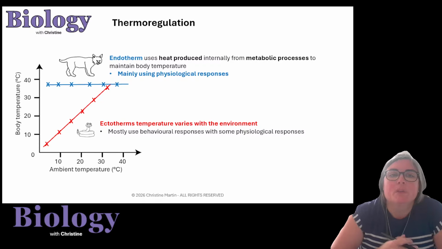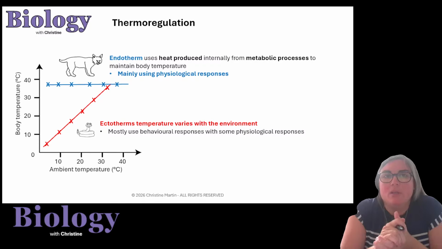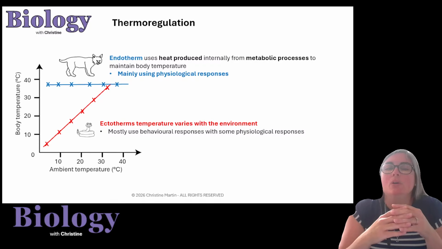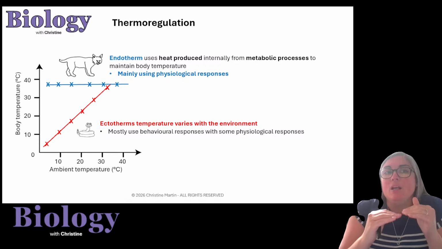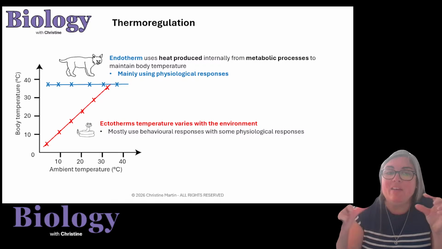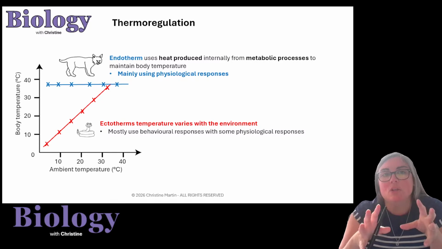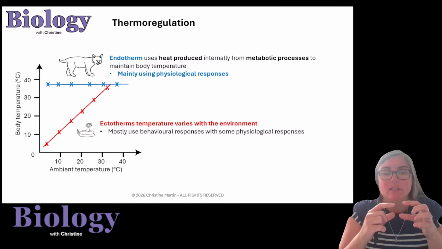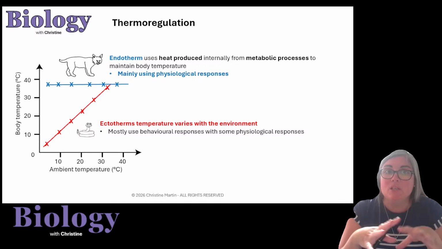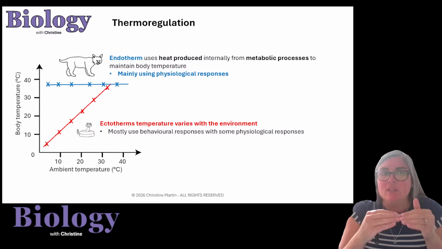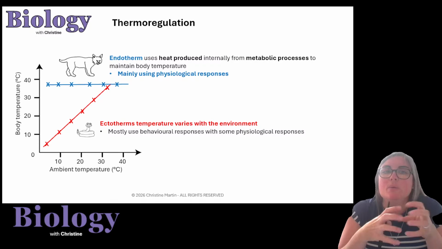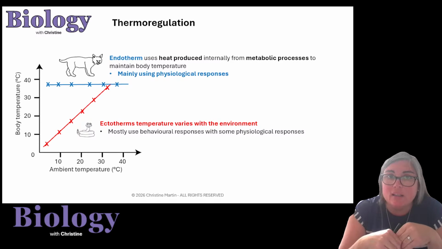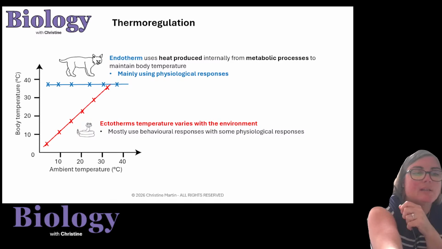Okay, so when we look at endotherms, we know we are endotherms. We know that we are able to maintain our body temperature within a very narrow range. So obviously we were talking about homeostasis earlier, and the ability to maintain within this normal range. What we do as endotherms is we use heat produced internally from metabolic processes.